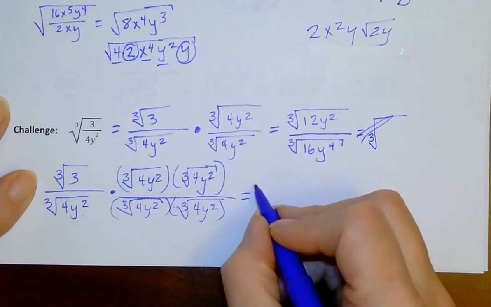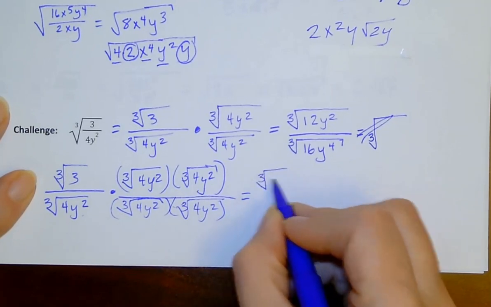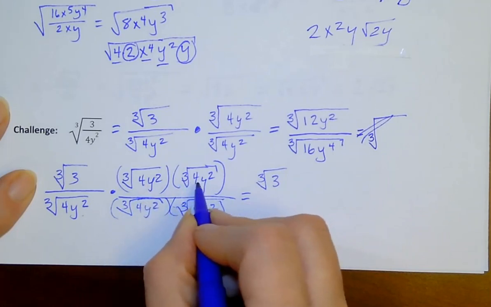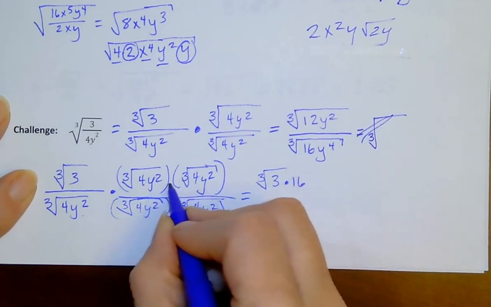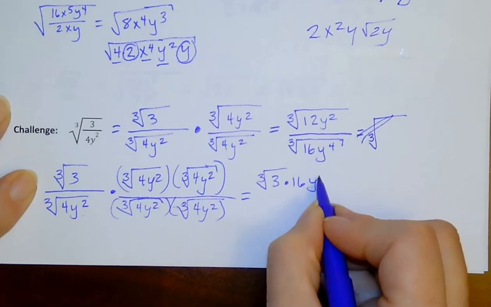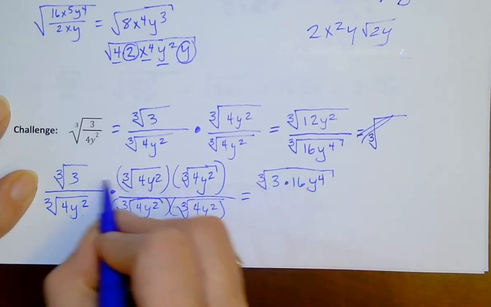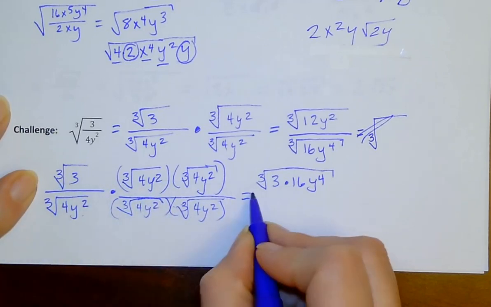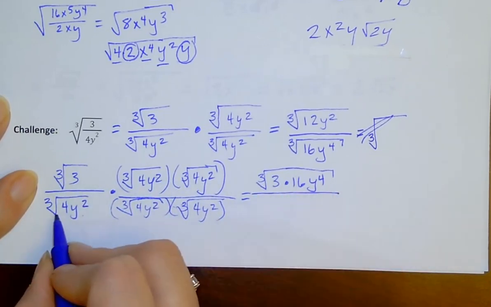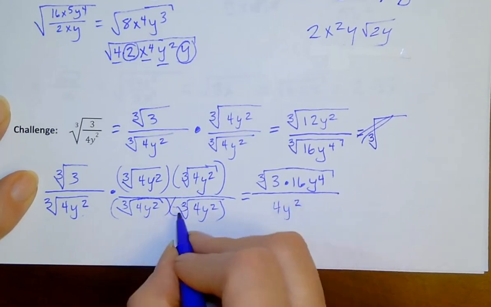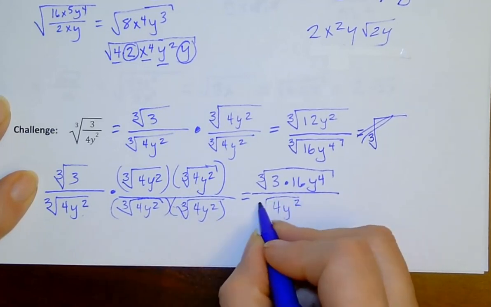Okay, I have the cube root of 3. I am going to multiply all this stuff. 4 times 4 is 16. Y squared times y squared is y to the 4th. Because I'm going to assume what I'm doing is going to work. Okay, so I've done part of my multiplying up here. This is all over, watch this. This is actually 4y squared under the radical, right?